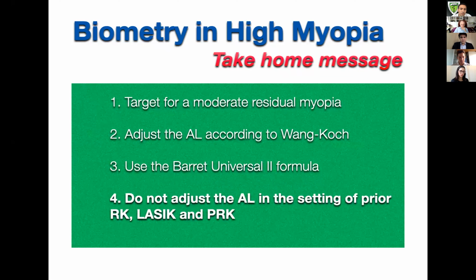But remember, if we have patients after refractive surgery, do not adjust the axial length for prior RK, LASIK, and PRK, because in those patients, just go to post-refractive formulas only, and you're going to get great results.